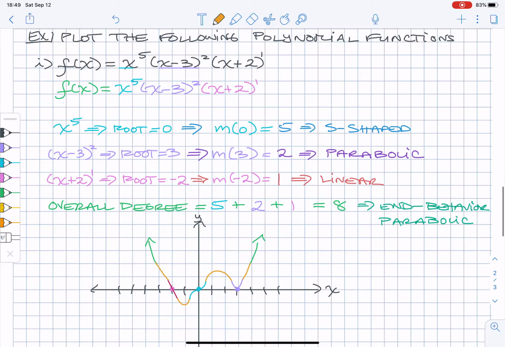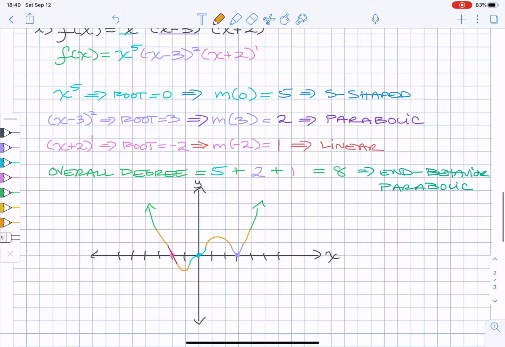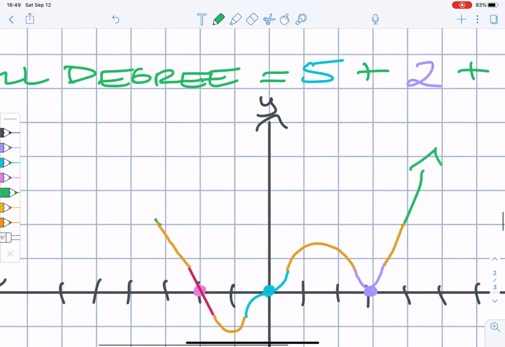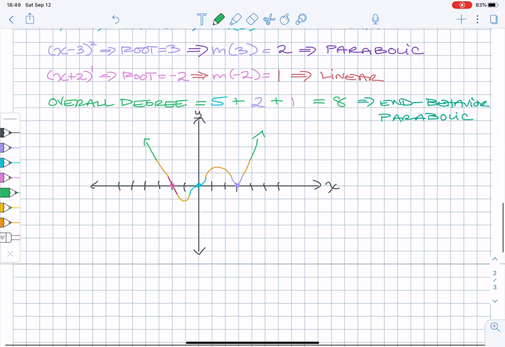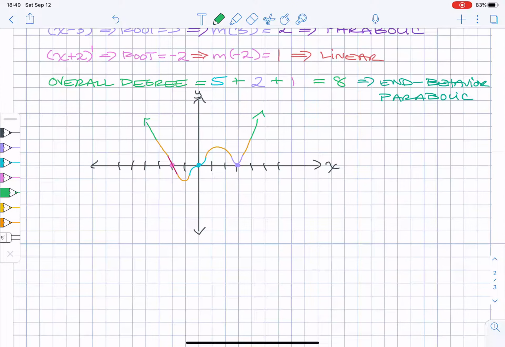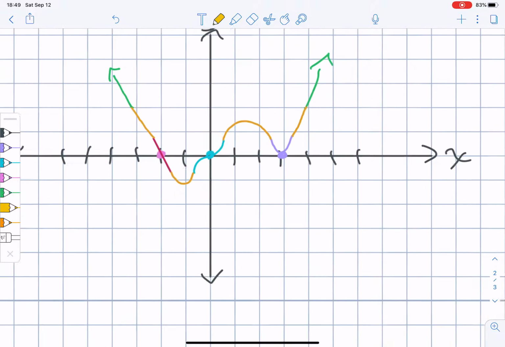So we can see that this definitely has at least degree 4, because I have, what color was that? Boy, why can I not draw this well? Okay, so remember the turning points? Let's look at those for a second.